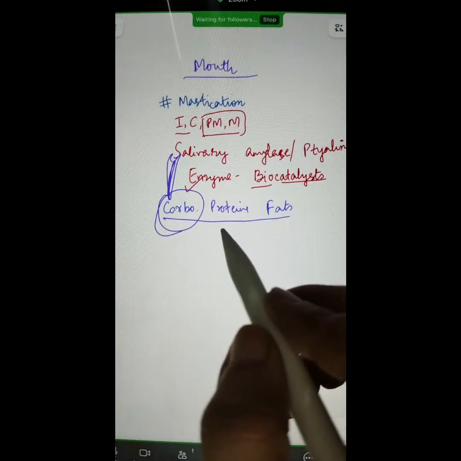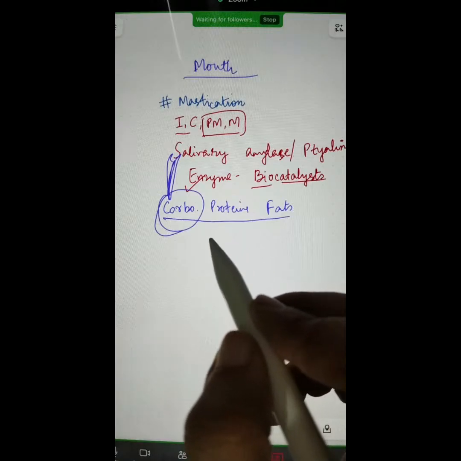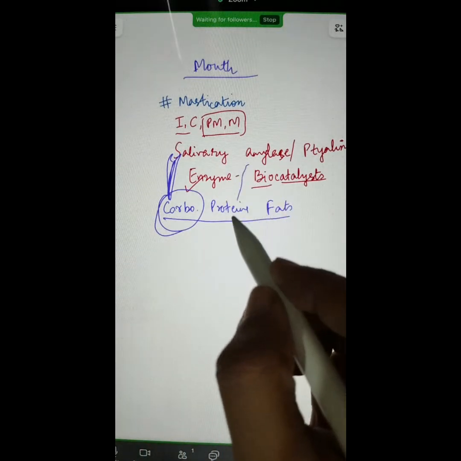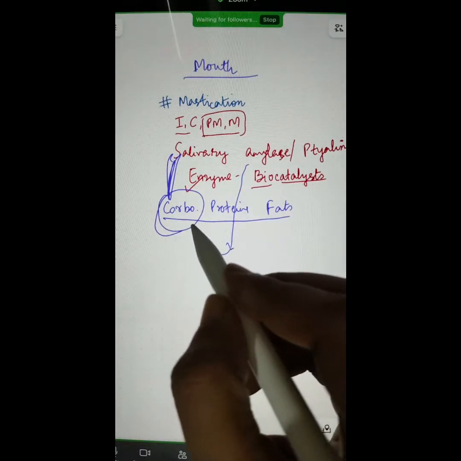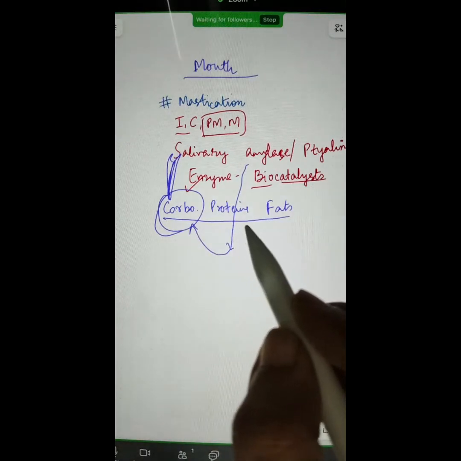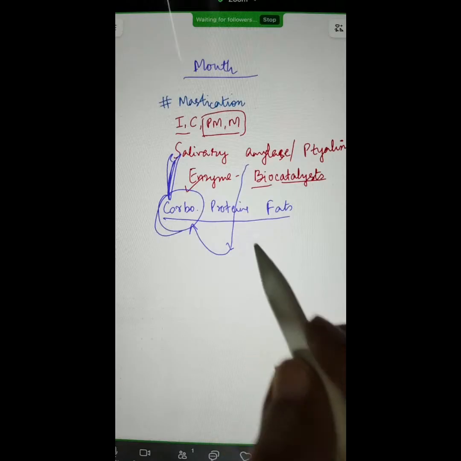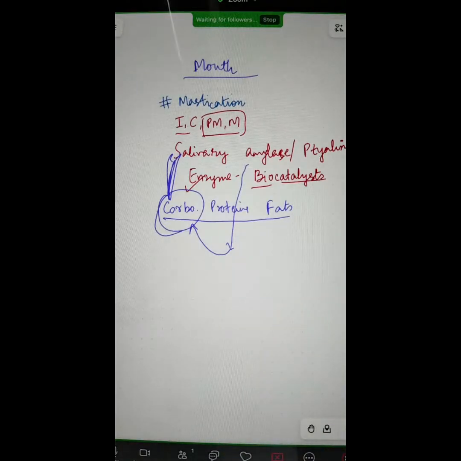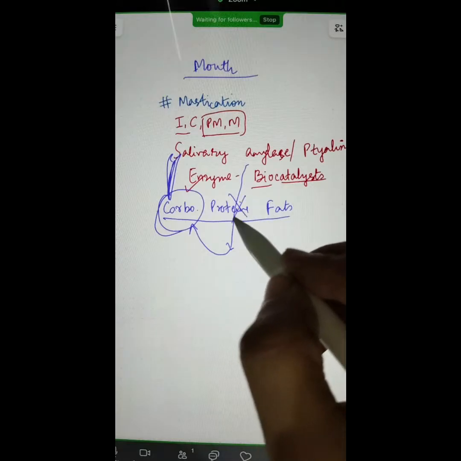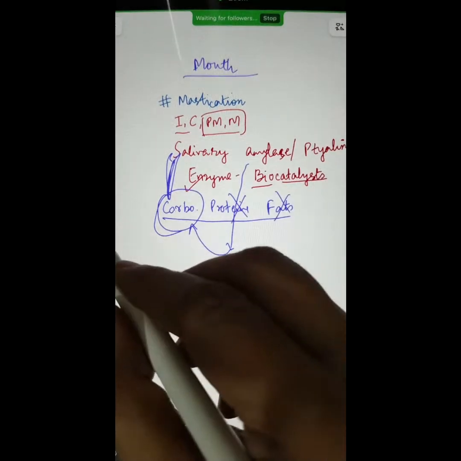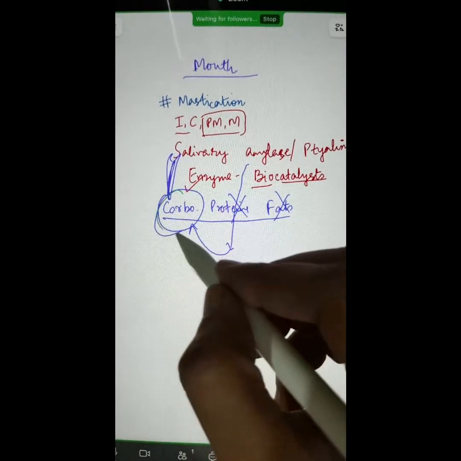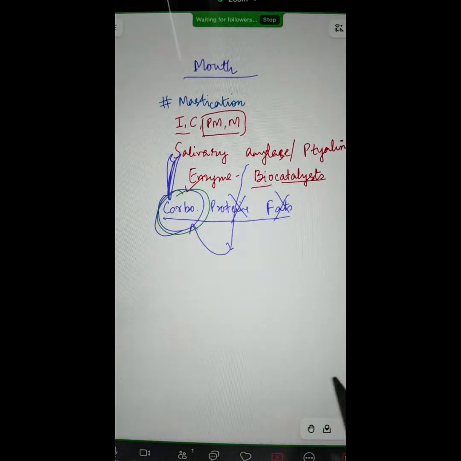So it is salivary amylase. As you know, each enzyme acts on a particular substrate. Here the substrate for salivary amylase is going to be carbohydrates. This also you should keep in mind. So what is happening in the mouth? No digestion of proteins, no digestion of fats, only the digestion of carbohydrates will begin in the mouth.